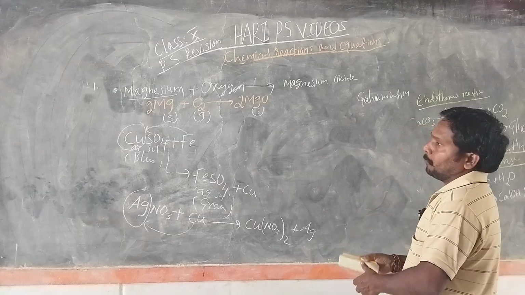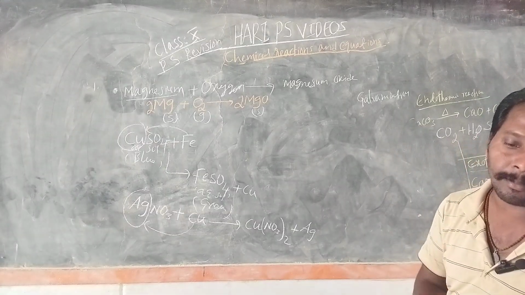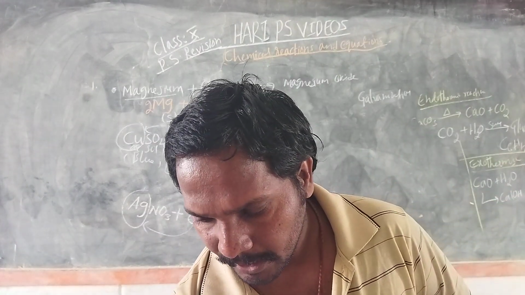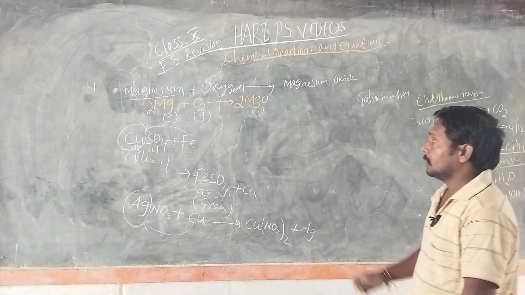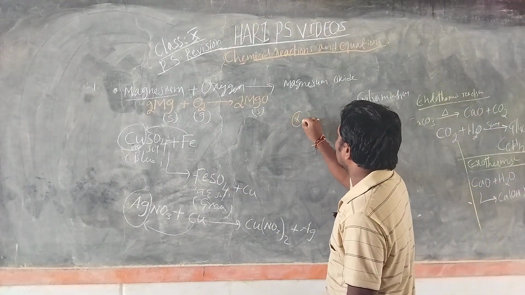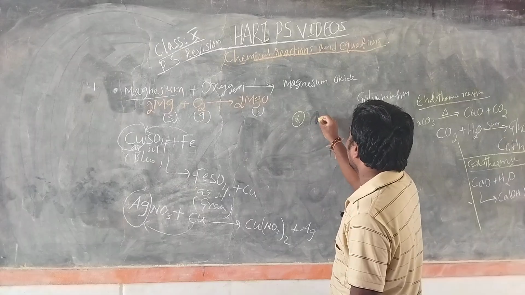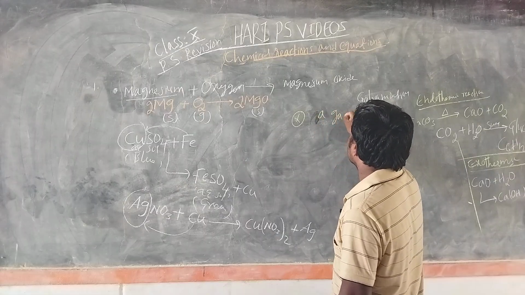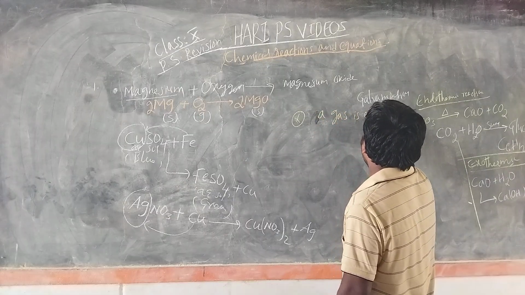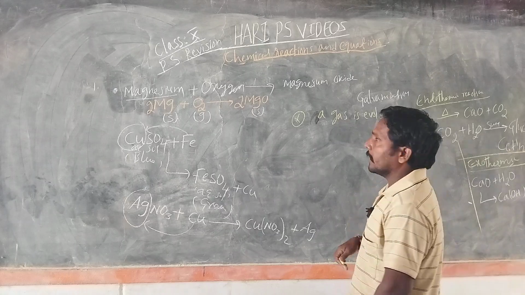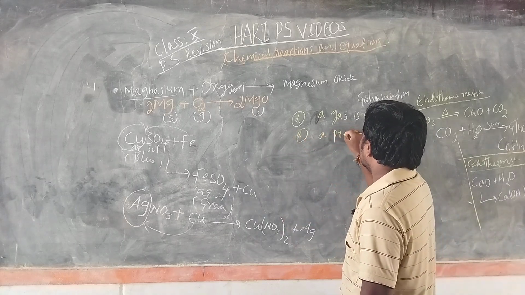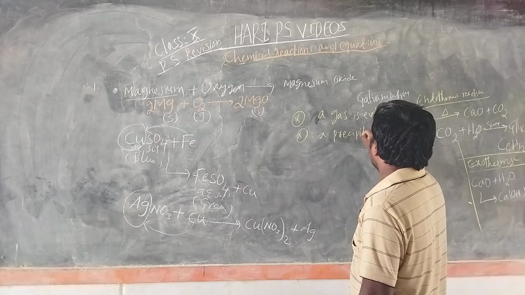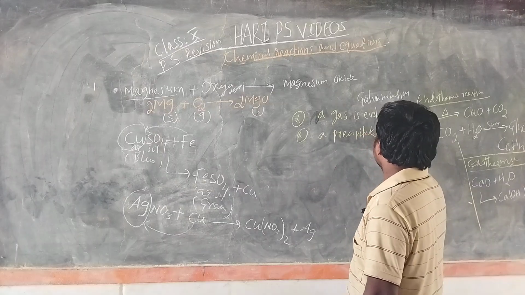During a chemical reaction, some changes are there to observe. A gas may be evolved. A precipitate is formed.